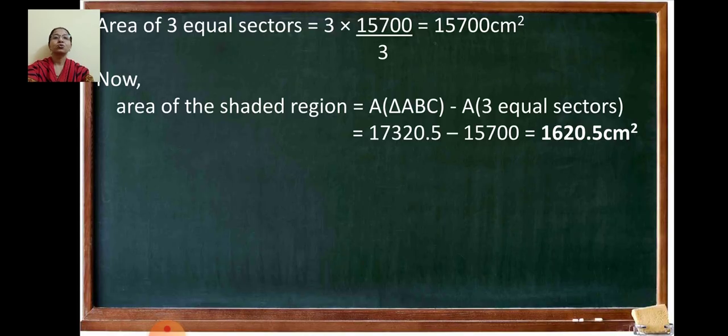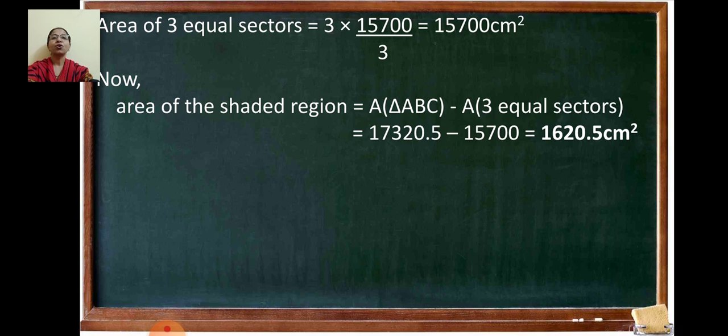Right. So the area of 3 equal sectors is equal to 3 into that ratio. So this 3 and 3 will get cancelled. So you will get 15,700 centimeter square. This is area of 3 sectors.